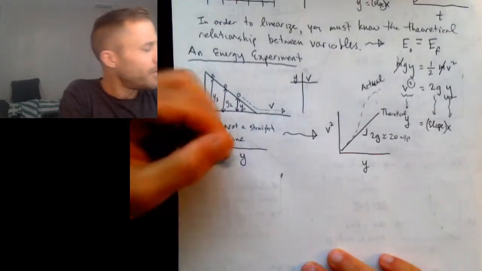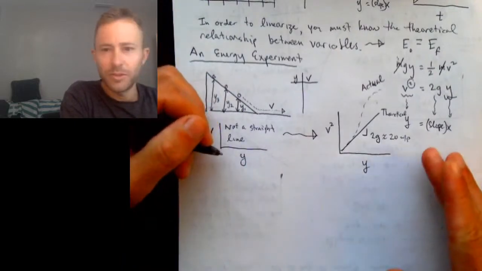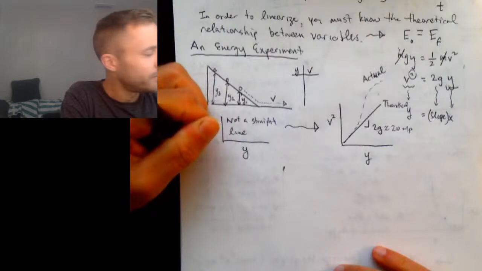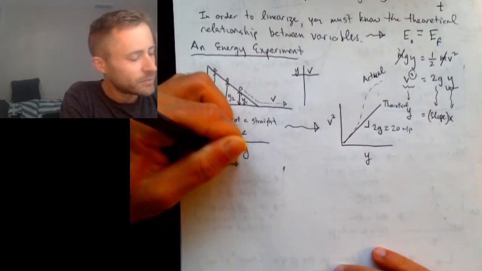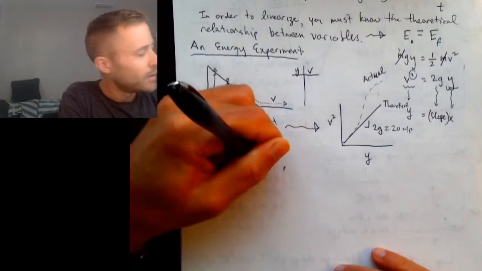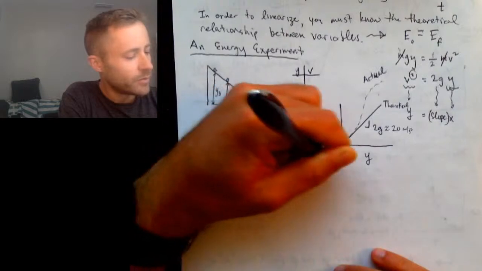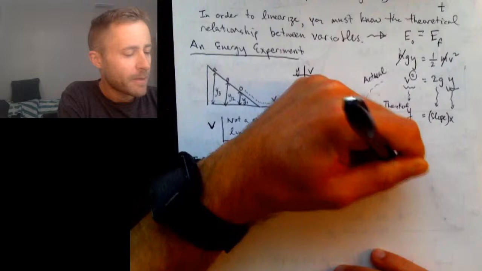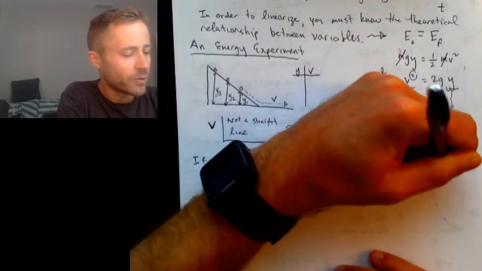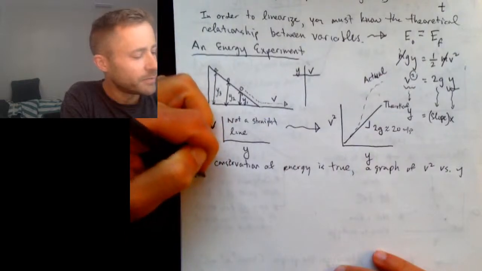Okay, so basically what I'm saying is that if conservation of energy is true, a graph of v squared versus y should be linear.